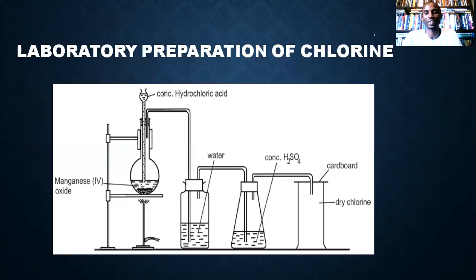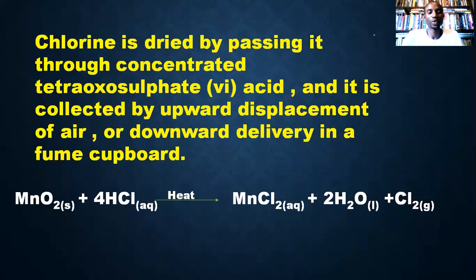As you can see, downward delivery is here, or upward displacement of air. The equation is here of all the things that happen in the setup. That is how we prepare chlorine in the lab. Look at it, chlorine gas is being produced here.